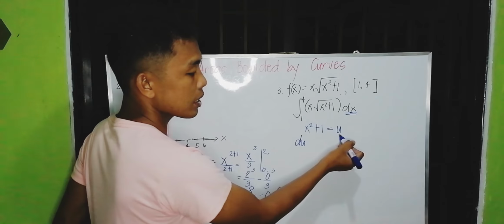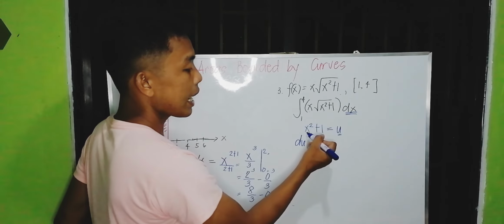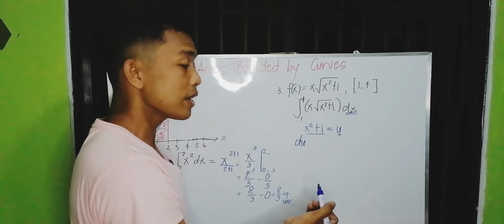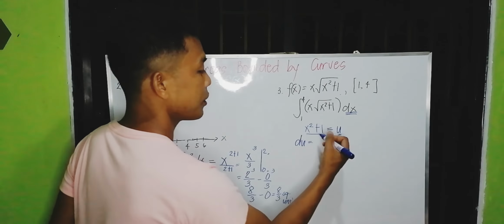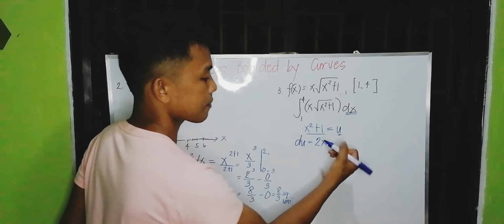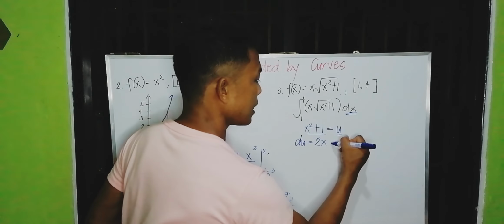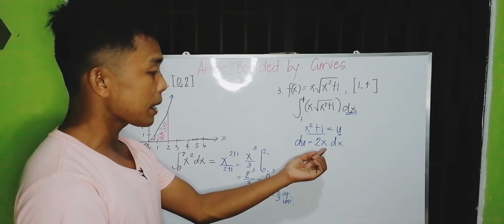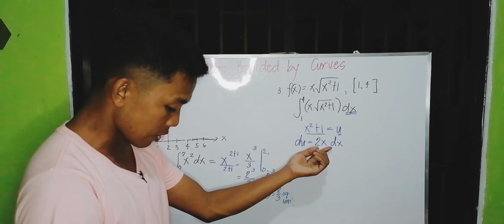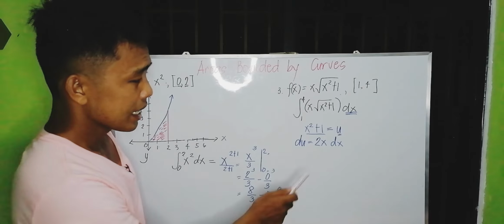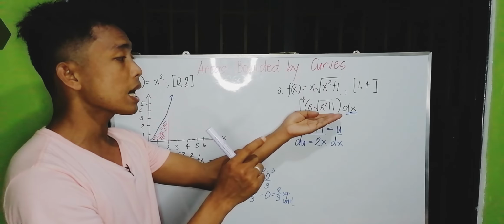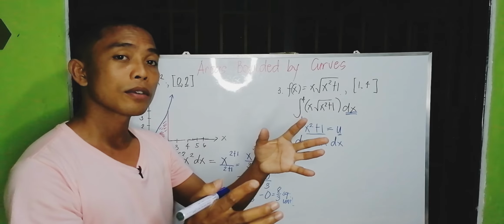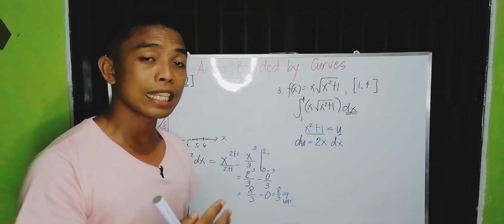Okay? So, if u is equal to x squared plus 1, dapat makuha mo ang kanyang derivative, which is represented by du. So, sa derivative natin, we have, this is 2x dx. Meron ka pang dx, okay? Kasi ang pinag-usapan natin, derivative of x. Sana hindi nalilito. Ngayon, paano nangyari? Sa pagkakataong ito, combination ito. May derivative ka and antiderivative.